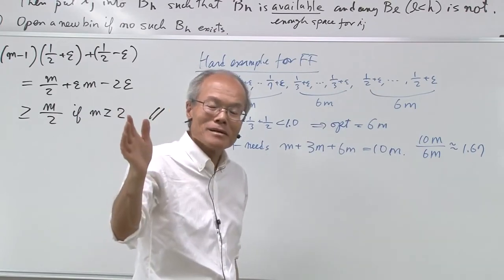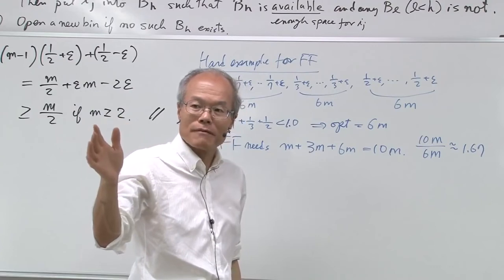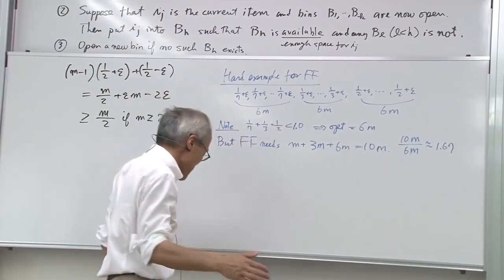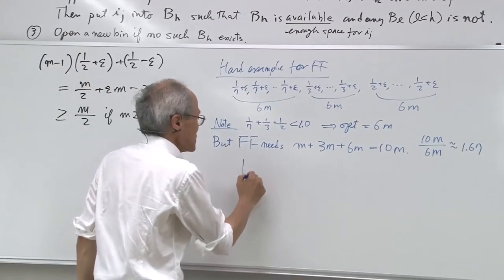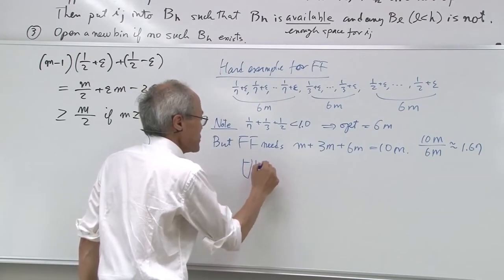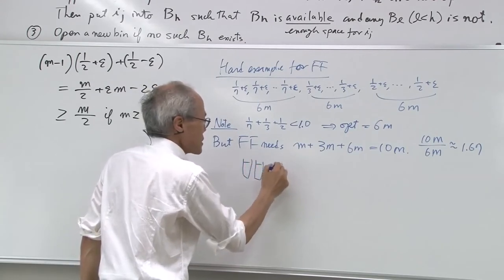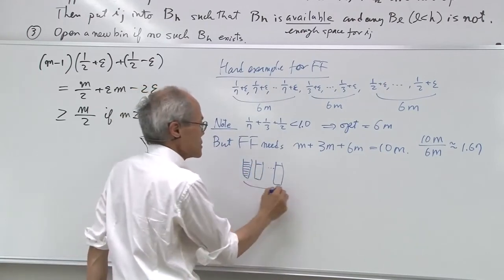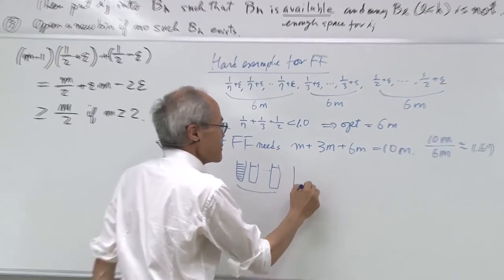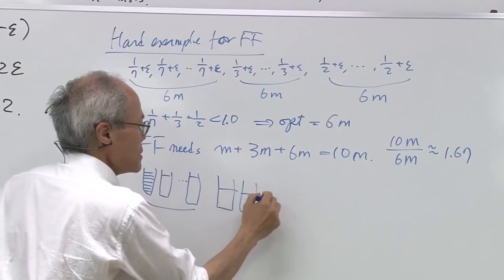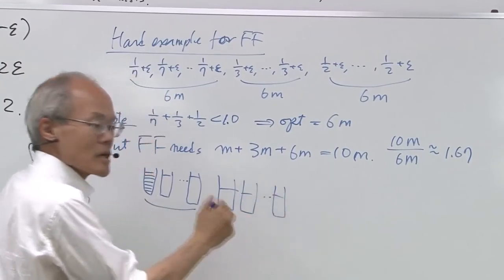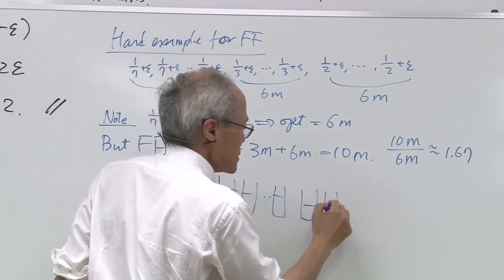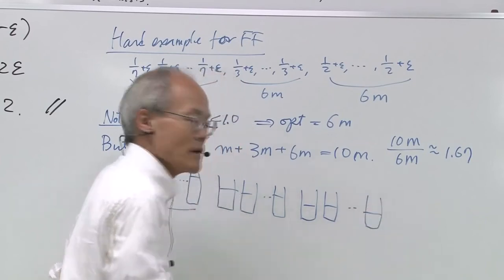Remember, we are now doing first fit. So after putting those items, the first bins are pretty full: 1, 2, 3, 4, 5, 6, 7 items, okay, the first group. The second group is not very full, something like 2/3. The third is very unfull, only 1/2.